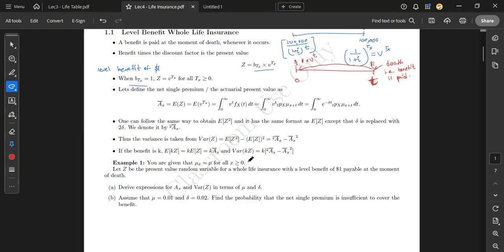So I need to decide an amount depending on this future expected value, the expected future value of this benefit payment, which is discounted back to the present starting point, and I should collect the amount from the person who buys this insurance equal to this present value, so that I know that I'm safe.